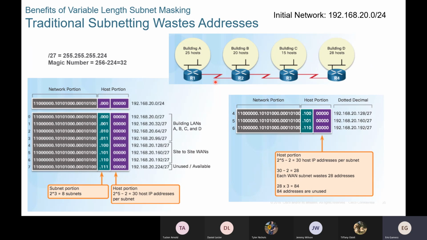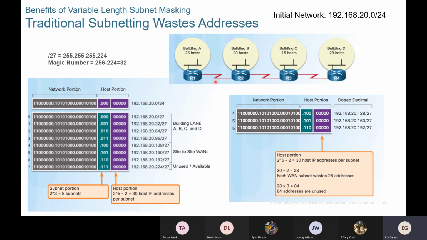If we need to create 8 subnetworks, how many bits do we need to borrow from the host part and change to subnet bits to create 8 subnetworks? We need to borrow 3 bits. If I borrow 1 bit, I can create 2 subnetworks. If I borrow 2 bits, I can create 4 subnetworks.